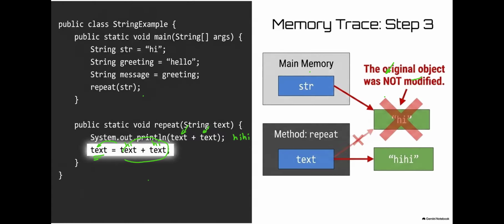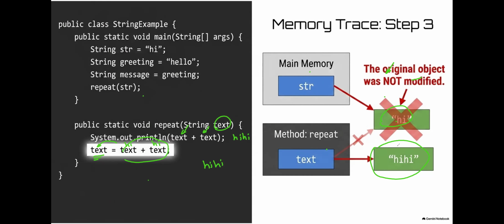But Java still allows you to change the content. It does this by ignoring the reference to the old value and creating a new place in the memory that contains the new value. So this text variable will no longer point to hi. It will start to point to a new position in the memory. Does it make sense?